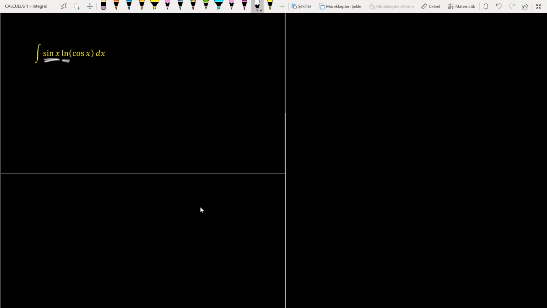So u is equal to ln cosine x. In this case, du is equal to, if you differentiate both sides, derivative of inside over inside.